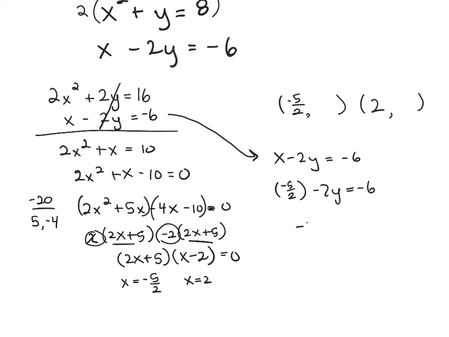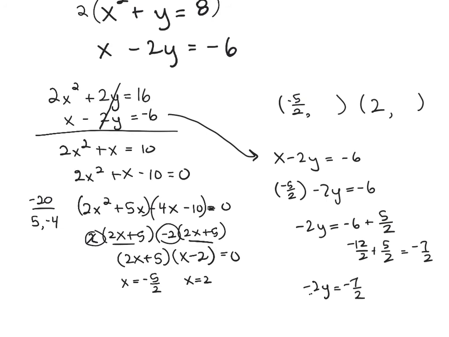So we'd have to add the 5/2 over. So negative 6 plus 5 halves. Negative 6 is the same as negative 12 halves plus 5 halves. That's negative 7 halves. So we have negative 2y equals negative 7 halves.